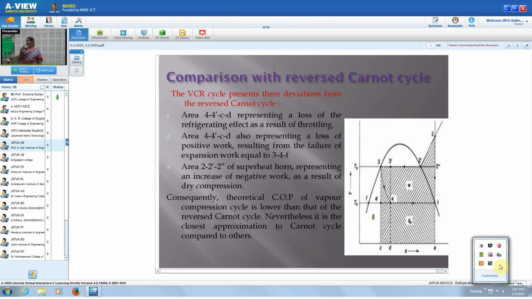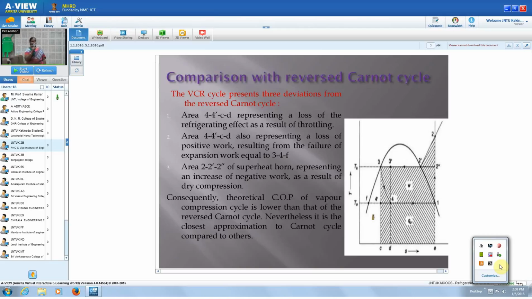So there are only three deviations. What are the three deviations? The refrigeration effect is reduced due to the throttling expansion. Okay, that area is represented by the area under 4 dash, so 4 dash CD represents the loss in the refrigeration effect due to the throttling expansion.